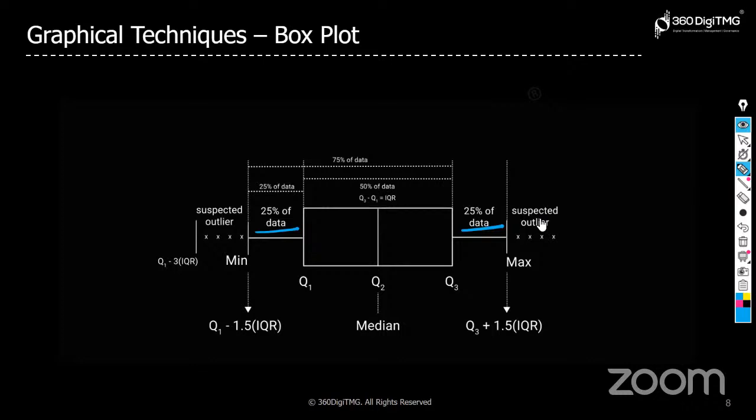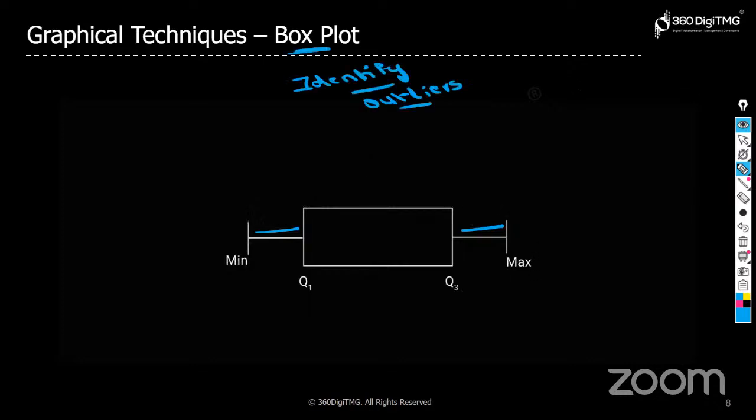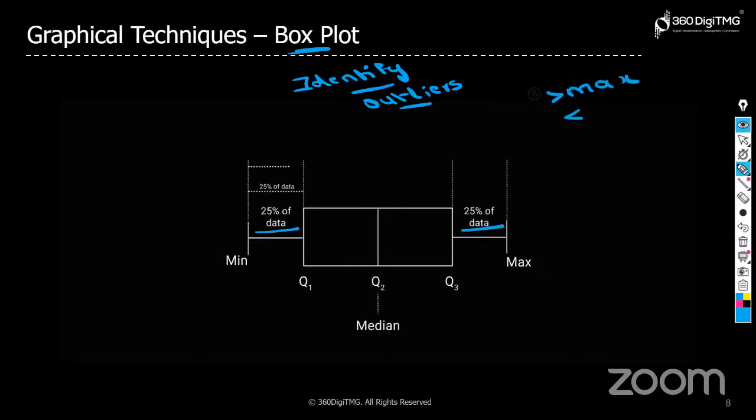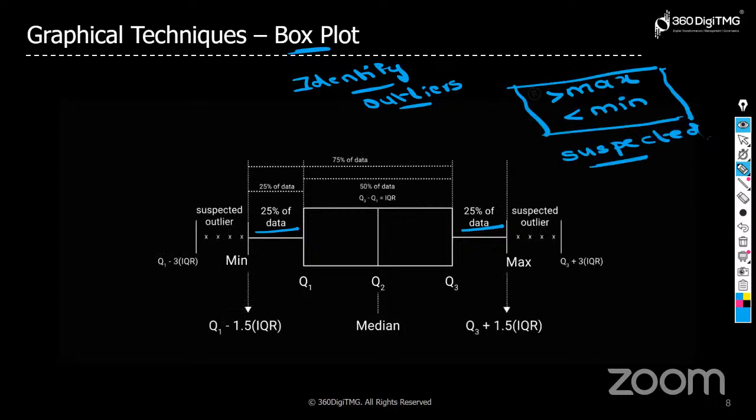So here, whatever values are greater than the maximum value and whatever values are less than the minimum value are taken as suspected outliers. And how can we calculate this maximum and minimum?